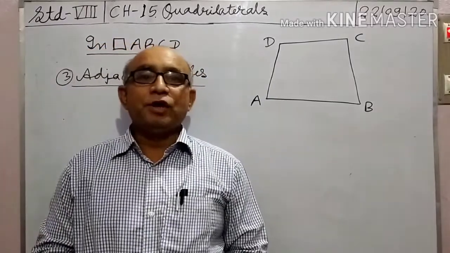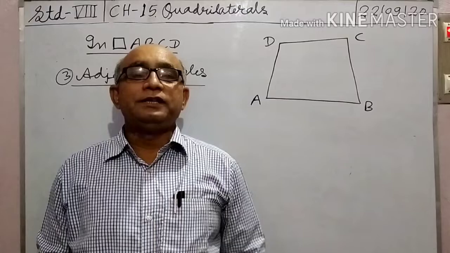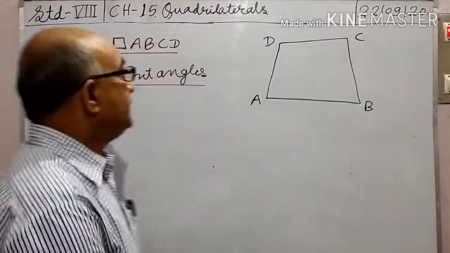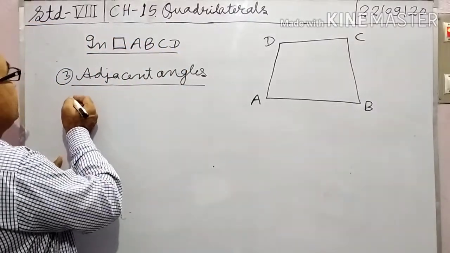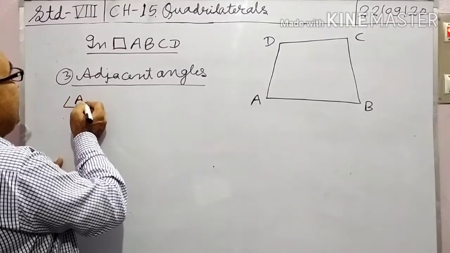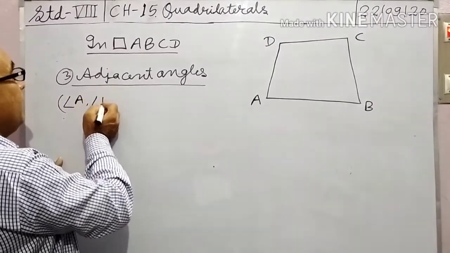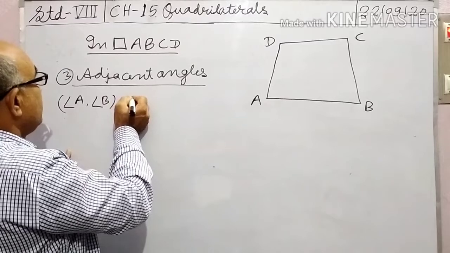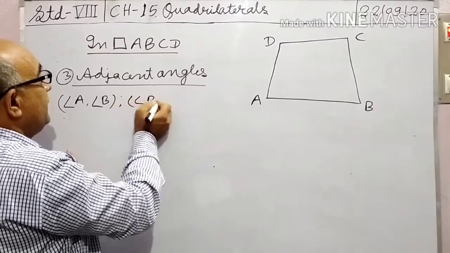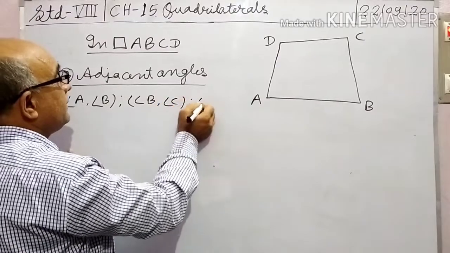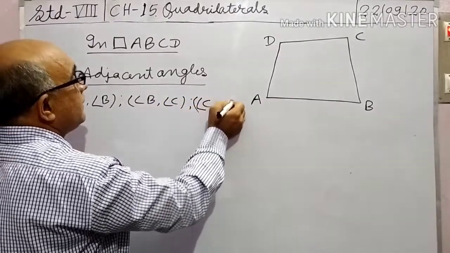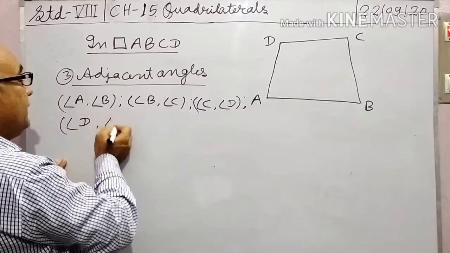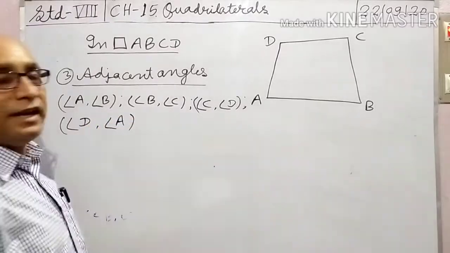Two angles of a quadrilateral are called its adjacent angles if they have a common arm, such as angle A and angle B, angle B and angle C, angle C and angle D, and angle D and angle A: four pairs of adjacent angles.